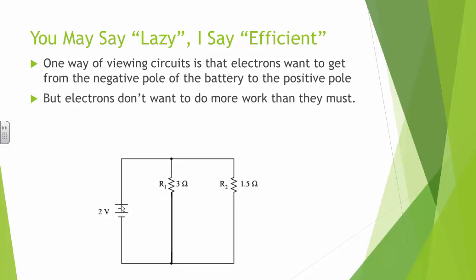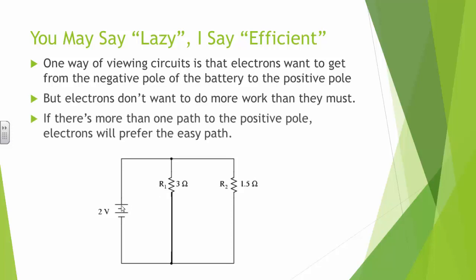But electrons don't want to do more work than they have to. And so if there's more than one path to the positive pole, the electrons will prefer the easier path. In fact, it's a little more mathematical than that, but we can take this as our first pass on looking at our circuit. There's more current through the 1.5 ohm resistor than through the 3 ohm resistor.